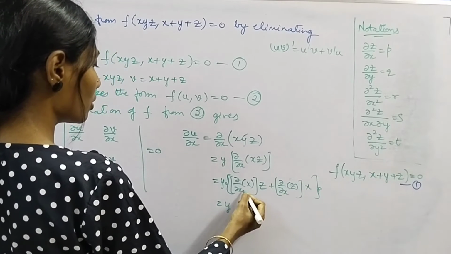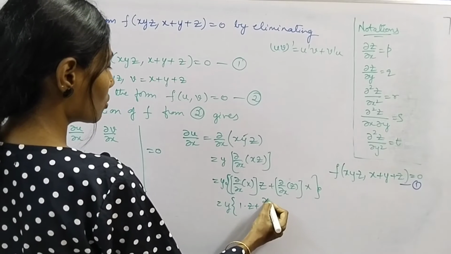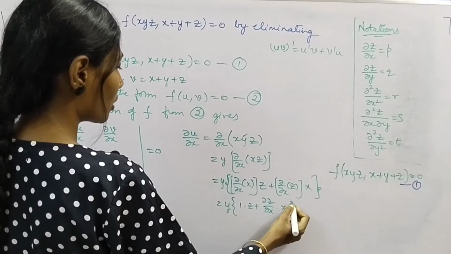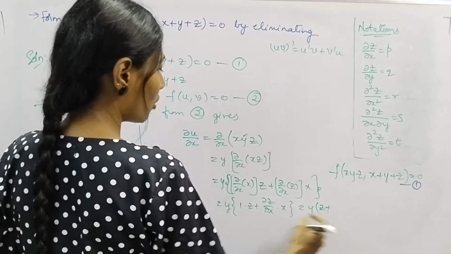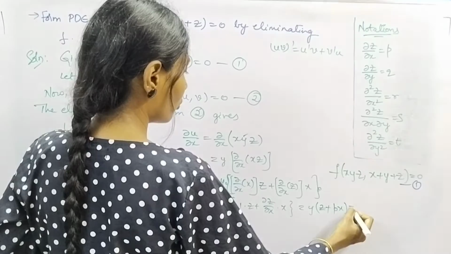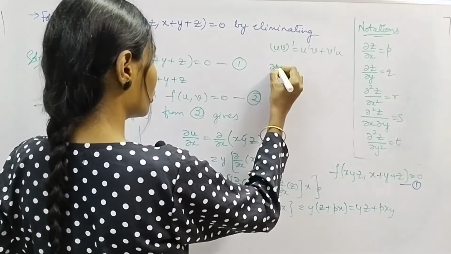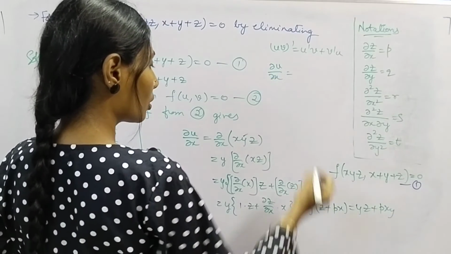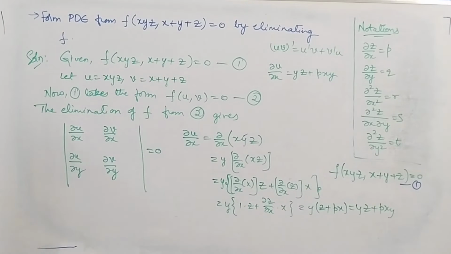This gives us y into (1 into z plus ∂z/∂x into x), which gives us y times (z plus px), since we have the notation ∂z/∂x is p. We can write this as yz plus pxy. So we got ∂u/∂x equal to yz plus pxy.